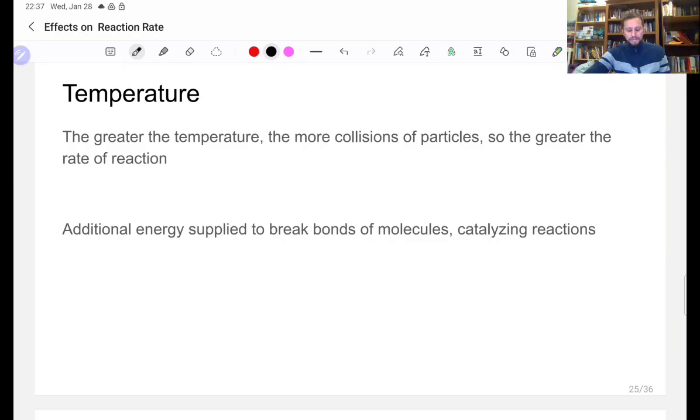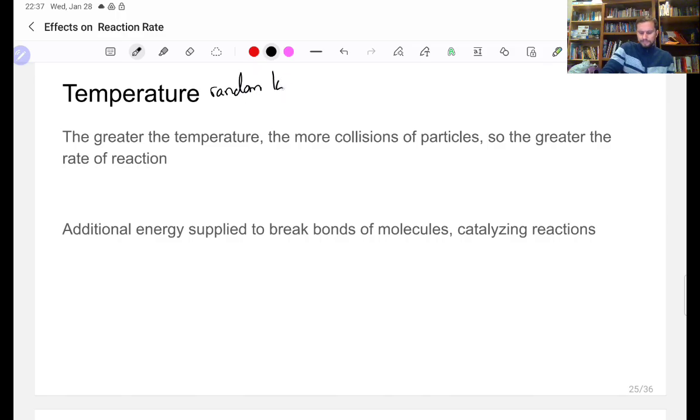Okay, temperature. The greater the temperature, the more collisions of particles. So the greater the rate of reaction. Okay? So they collide more often because temperature is the random kinetic energy of the particles. Again, I don't know, have we talked about this yet? Temperature is random kinetic energy.